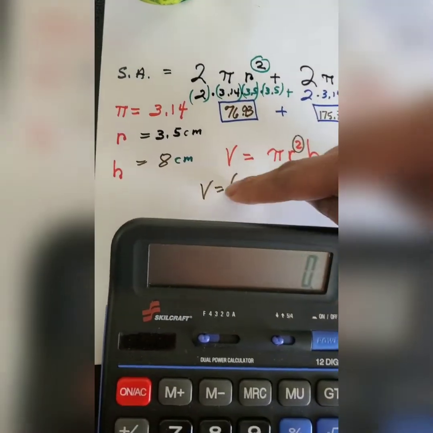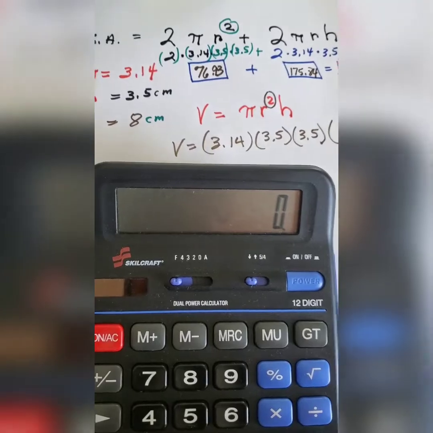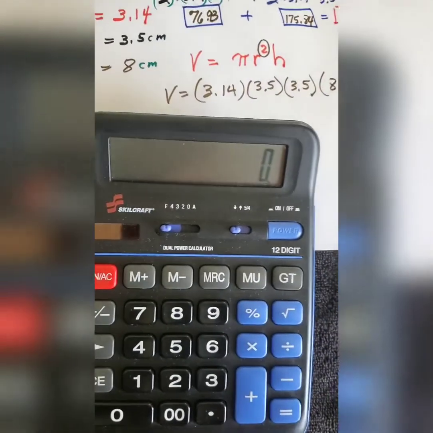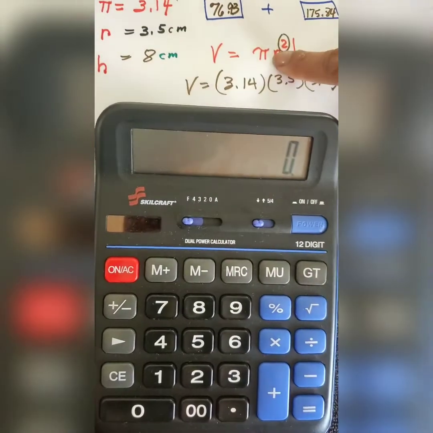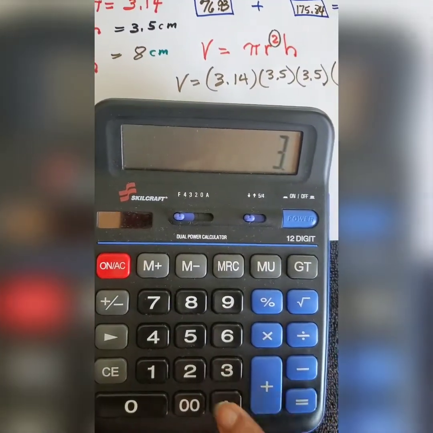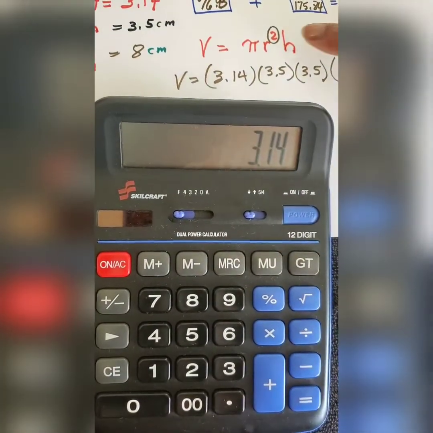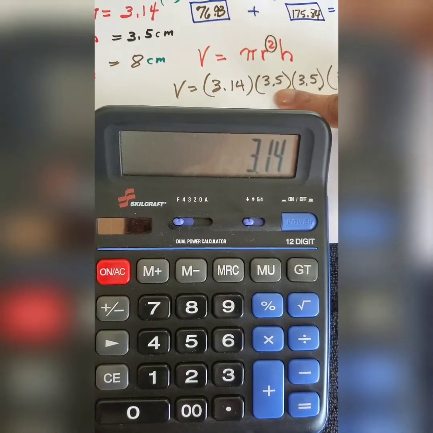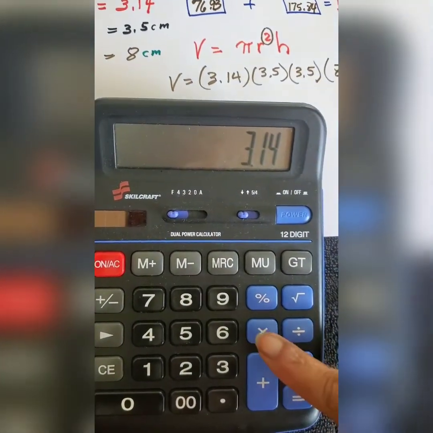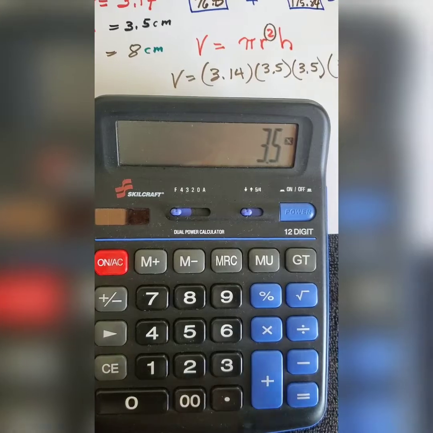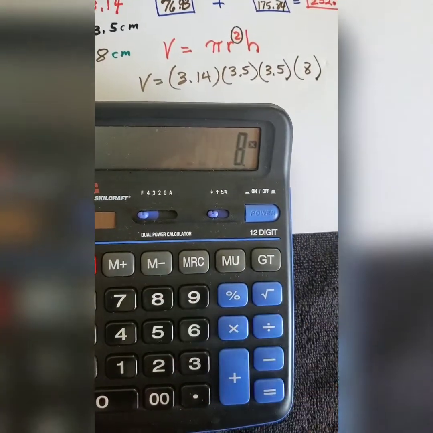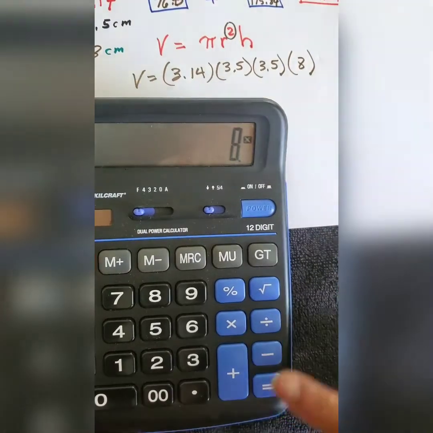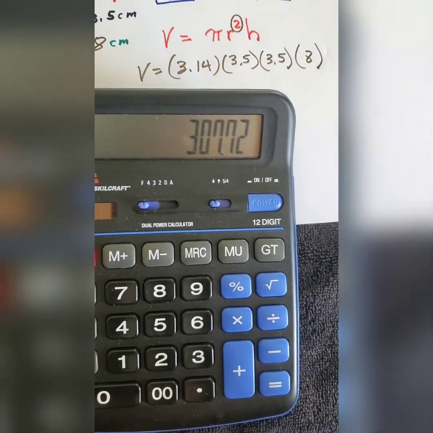And we're just going to multiply all these numbers together. So I have pi, which is 3.14 times r squared. That's 3.5 times 3.5 times 3.5 times 8. That's my height. Equal. Okay?